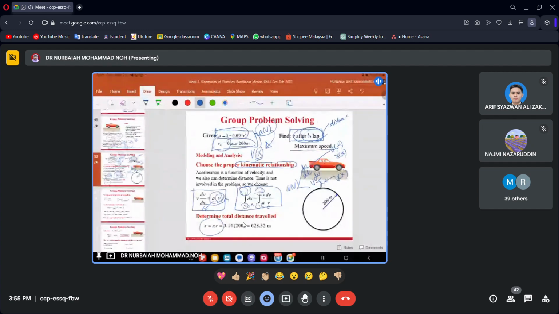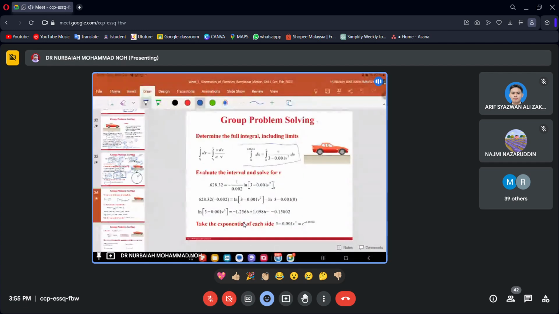Alright, so once we have this, then you complete these integrations, where you have these detailed values. As I said earlier, x0 is equal to 0, v0 also equal to 0 because it starts from rest. Then x is equal to pi r, which we got here. And v is what we want to find. Right, so you solve these integrations, then finally you get this result.